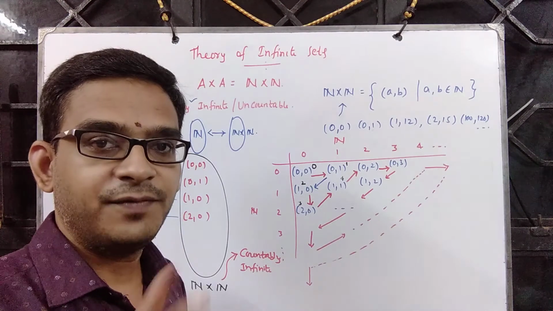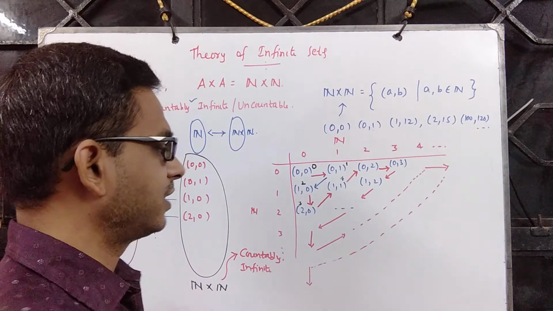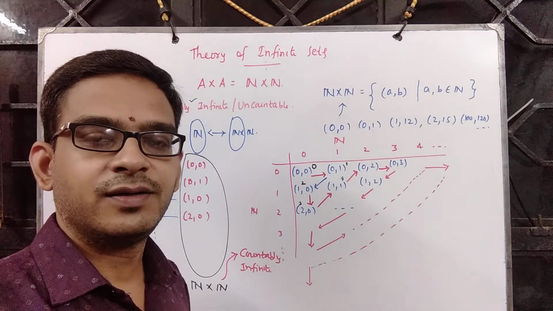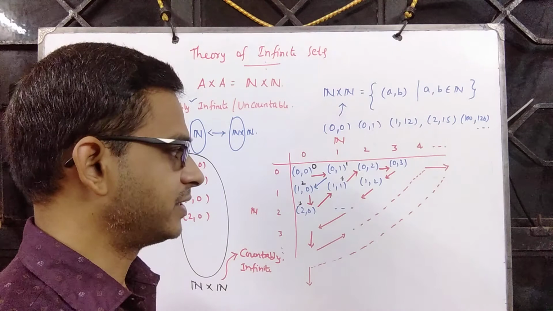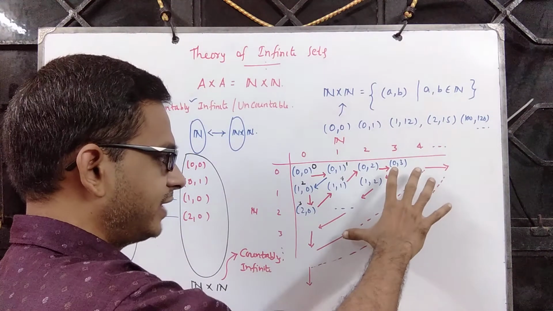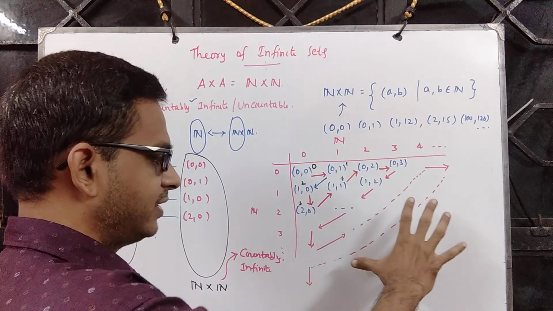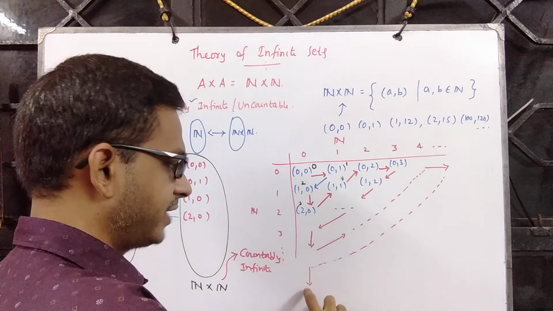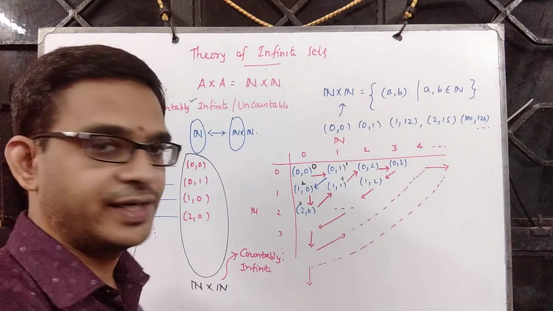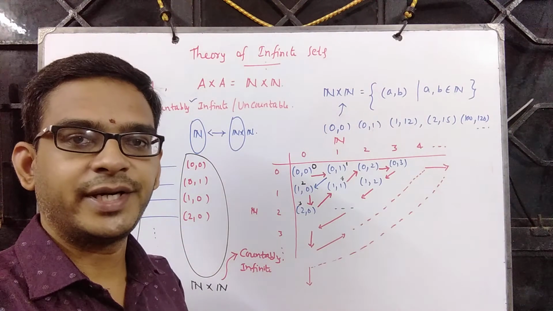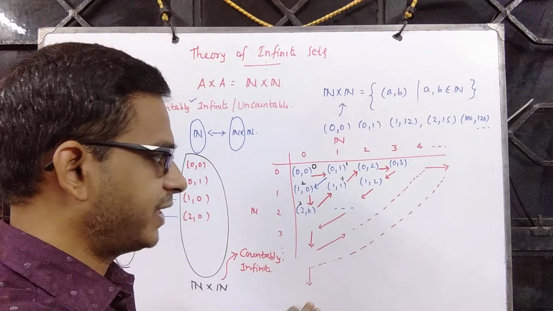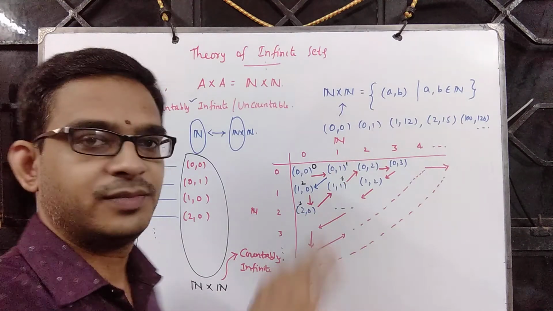But there is a clever way of visualizing this, that at each iteration you collect some finite subset of elements. Number of such iterations is infinite. But at this iteration, I map this. At this iteration, I map this. Then in the next iteration, I map this. Then in the next iteration, I map this. So like that, each iteration, you collect some finite elements and then map it. Then change your direction, go down and then go up, and things like that.